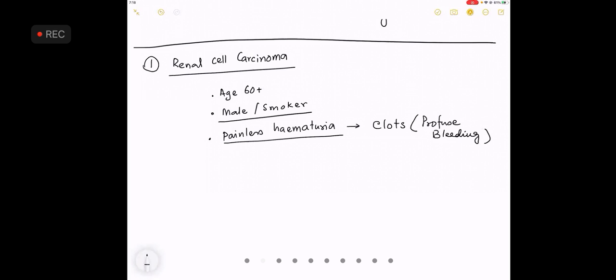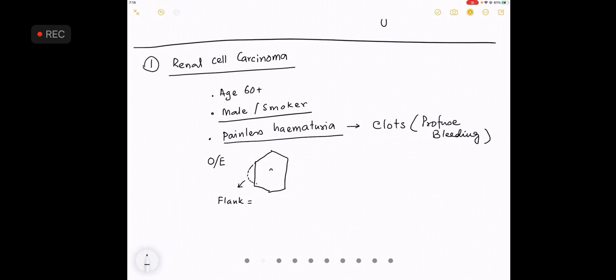Okay? Yes, sir. Good. On examination, on inspection, this area I told you is called the flank.